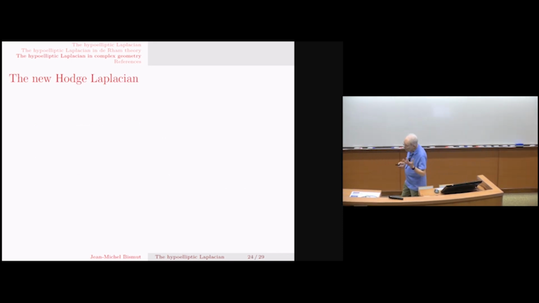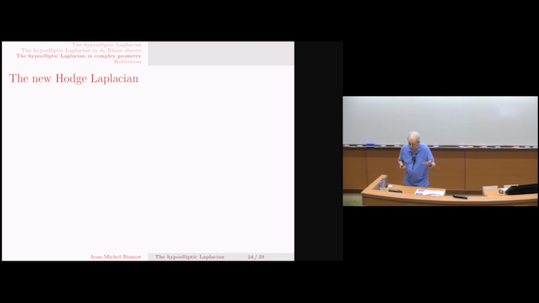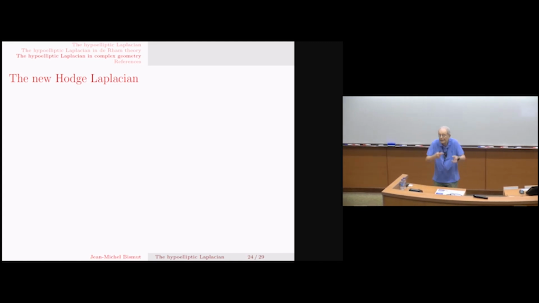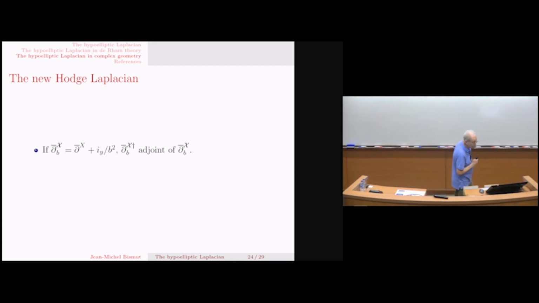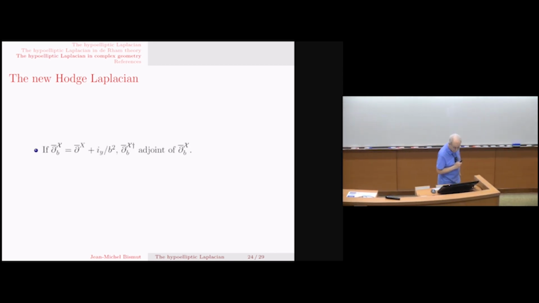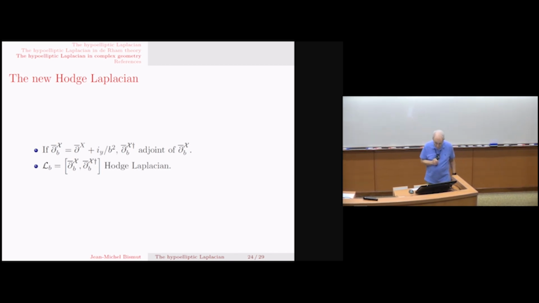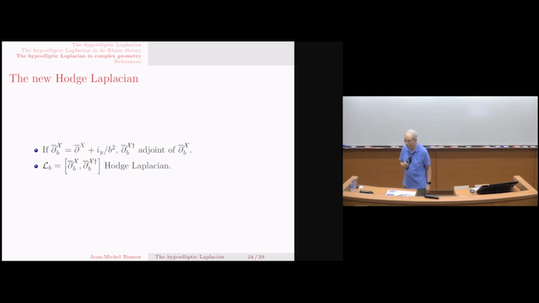So, once you have the operator which defines the hypercohomology, you can take its adjoint, again, with respect to this mixture. You compute the adjoint, and you compute the corresponding Hodge-Laplacian. That's the Hodge-Laplacian with respect to this bizarre duality.